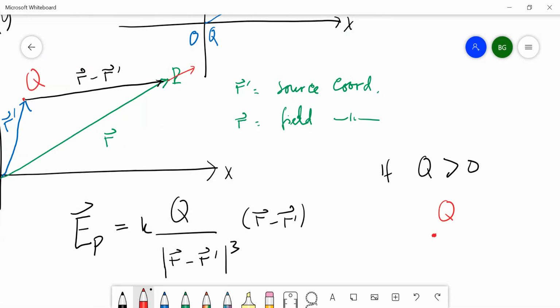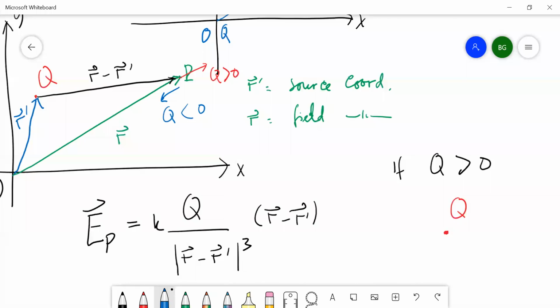It's outward, like this. This is for Q positive. If the charge is negative, the direction will be inward.